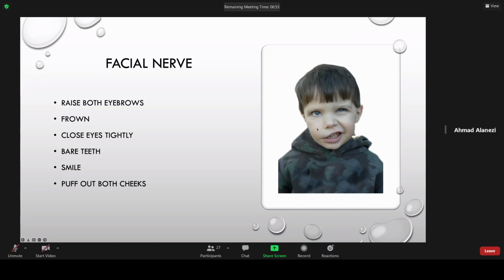When he frowns, there is palsy on this side. Ask him to close his eyes tightly, and you'll be able to close this one but not the other one. Bare his teeth, which will emphasize it more, smile again, and puff the cheeks. All these techniques lead you to the diagnosis of facial palsy, for example.